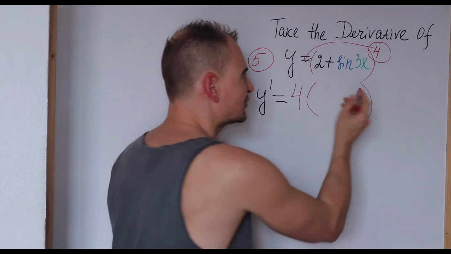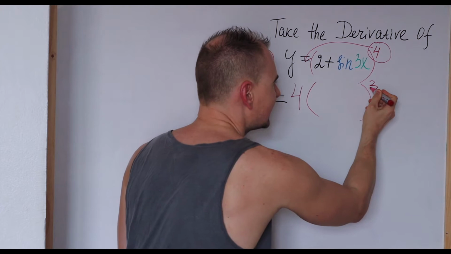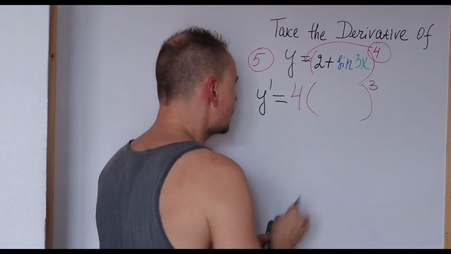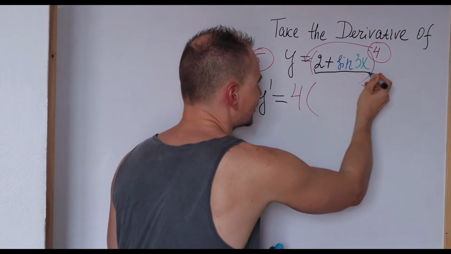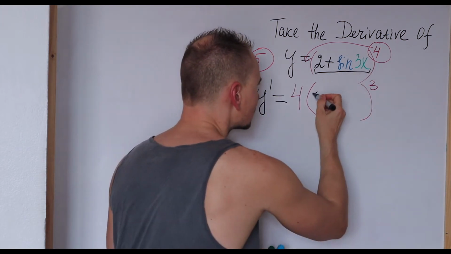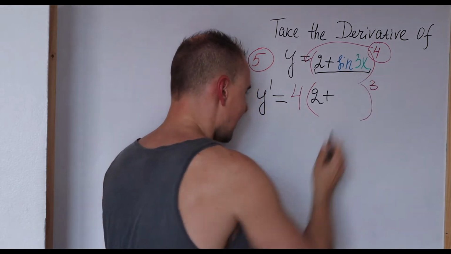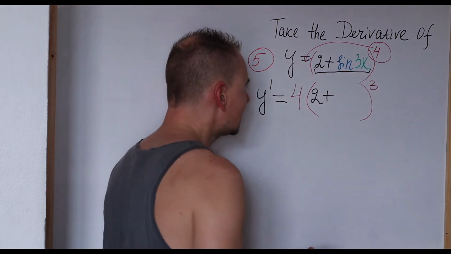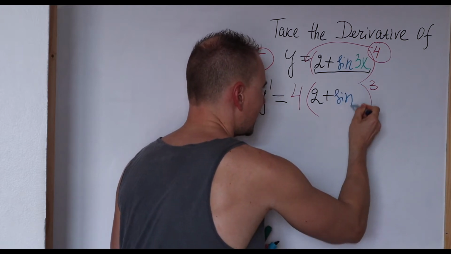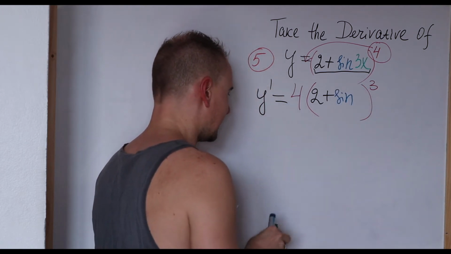So 4 minus 1, that becomes 3, that's your new power. And you are going to rewrite your expression unchanged. So 2 plus sine of 3x goes inside the parentheses.